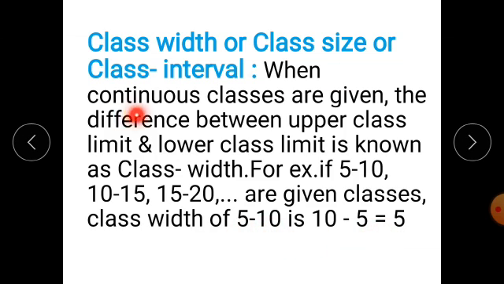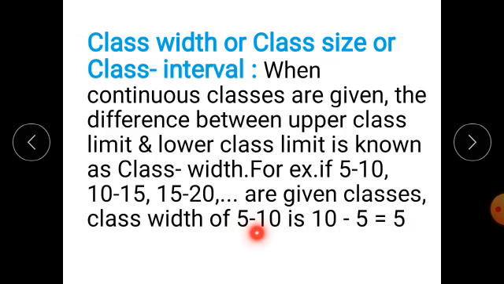So, when continuous classes are given, the difference between upper class limit and lower class limit is known as class width. For example, the class width of 5 to 10 is 10 minus 5, upper class limit minus lower class limit, that is 5.